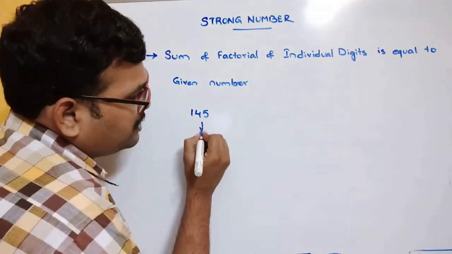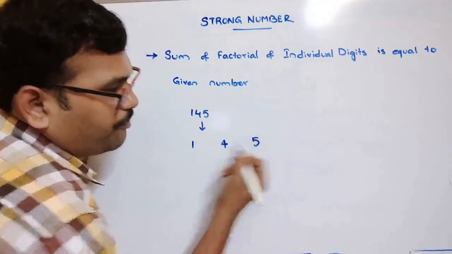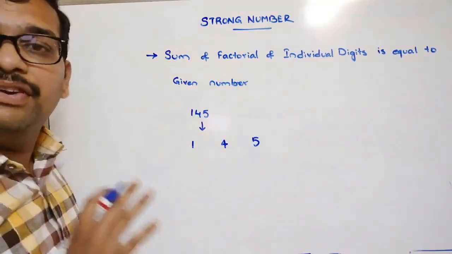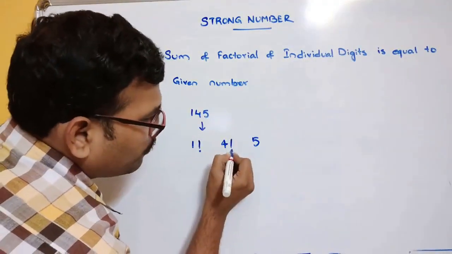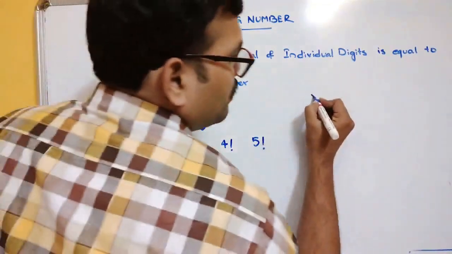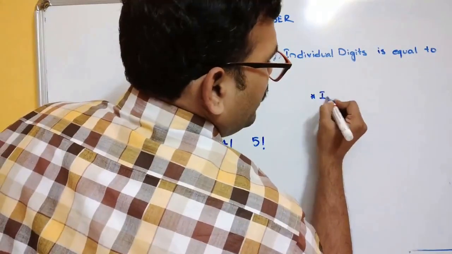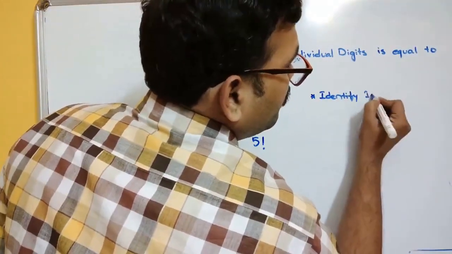What are the individual digits here? 1, 4 and 5. First we need to find the individual digits. Then apply the factorial: 1 factorial, 4 factorial and 5 factorial. That's the second step. So the first step, identify individual digits.